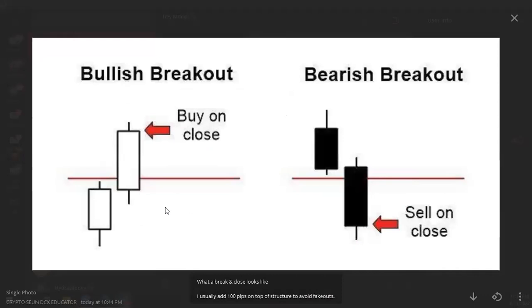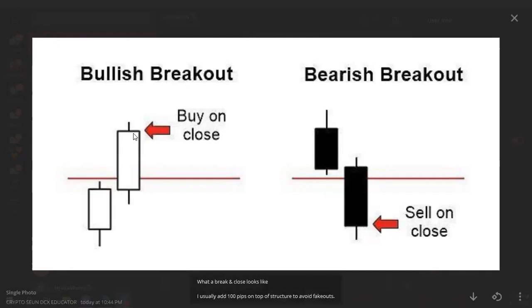All right. So this is exactly what I mean, right? We are looking for the market to, this line represents what? A resistance or a ceiling once we're buying. So we're looking for the market to break out of that ceiling, or that resistance. By the time the candle closes and it's forming another candle, that's when we're supposed to take what? A buy, right?